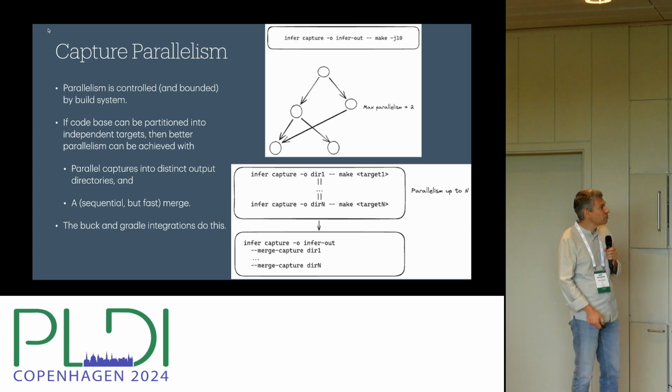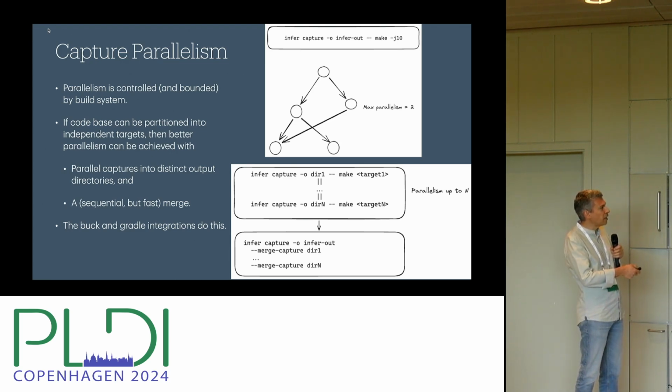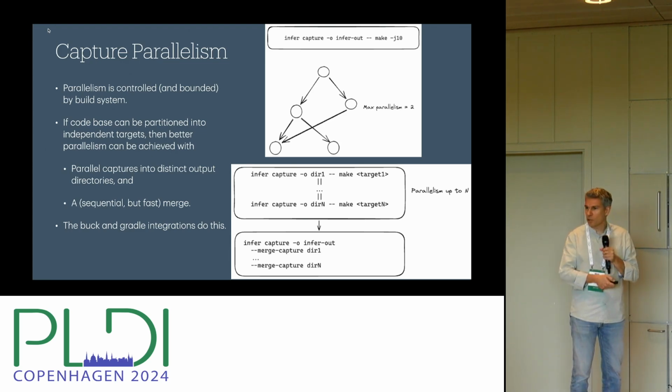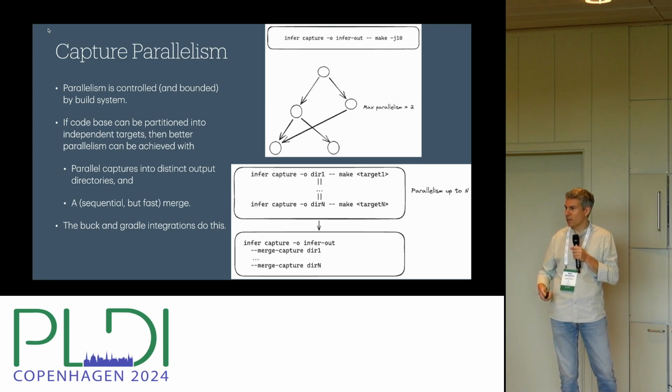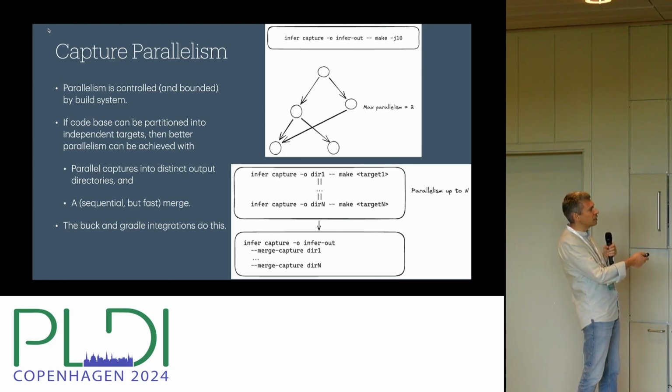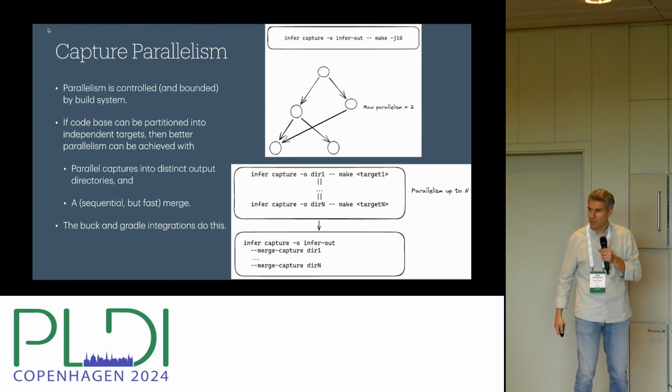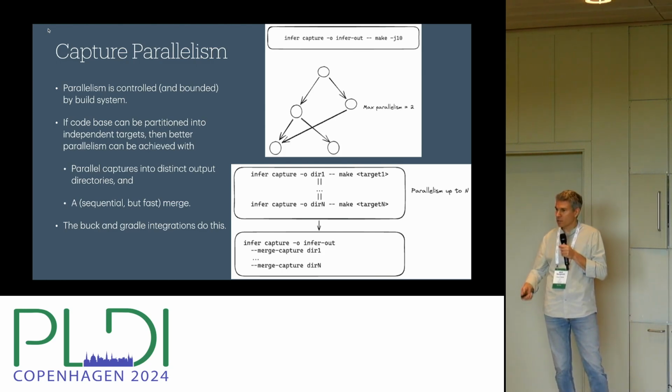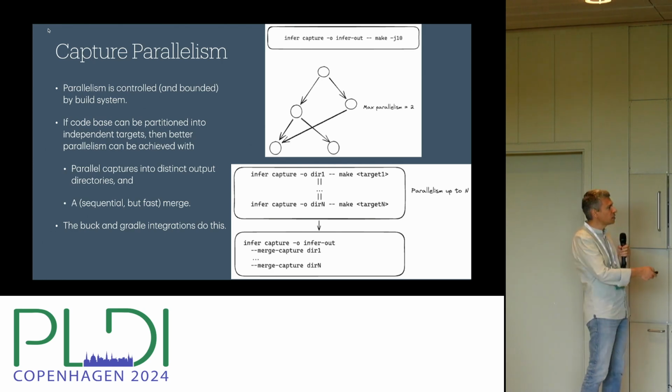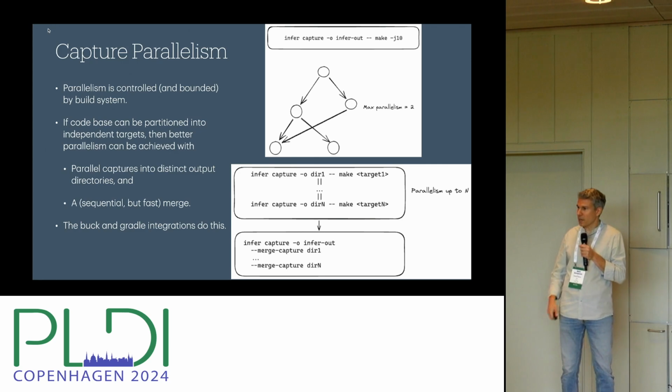Essentially, the parallelism here is bounded by the build system itself, right? So you cannot have more Infers running concurrently than, let's say, 2 for this graph, because that's the width of this graph. The build system forces the leaves to be built first, and then it climbs up the graph.